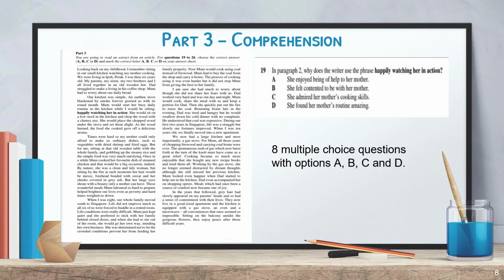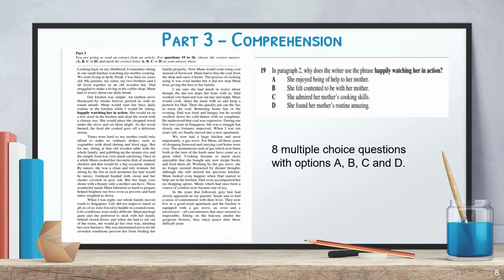Next is comprehension. For comprehension, there is a passage given where you are required to read. Now, this is a longer text than the one you may have encountered in previous exams, so you have to read carefully. There will be a lot of new words that you may not have seen before.